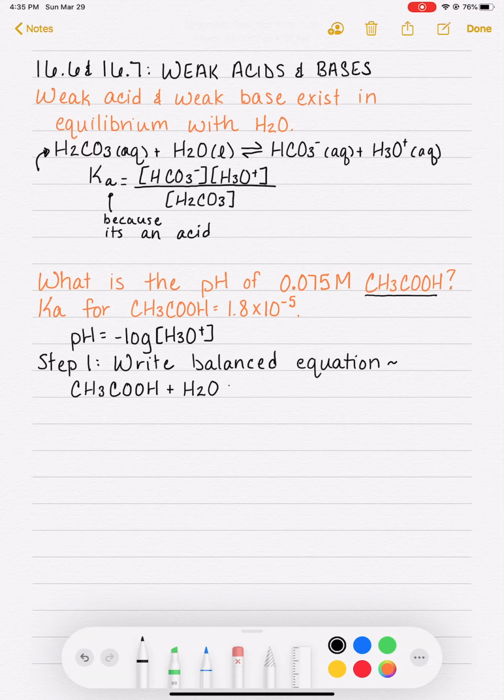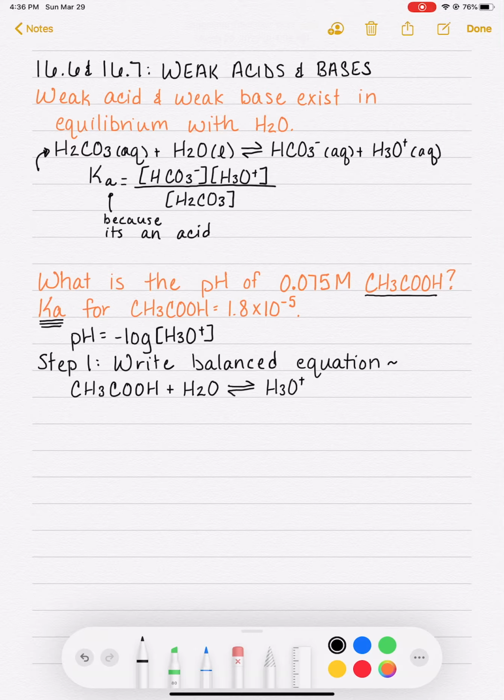And then you have your products, and this is where you're going to have to figure out what the products are. If this reaction is for an acid, one of the products will always be H3O+. How will you know if this reaction is for an acid? Ka. When you are given a Ka, that A means that you have an acid.